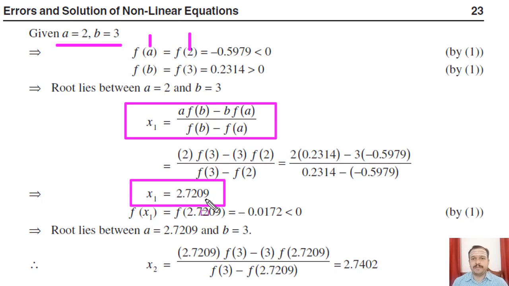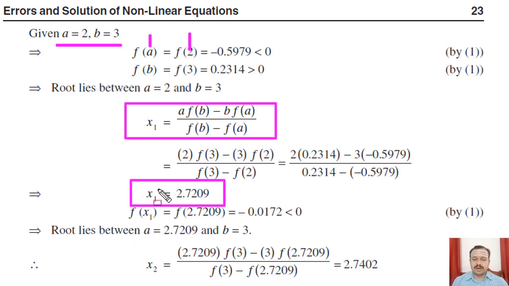Very simple way you can proceed. You can use the calculator, simplify the expression on the right hand side, and you will get x1 equals 2.7209. This is the first approximate value of the unknown x, which we have evaluated using the regula falsi method, that is, this formula.